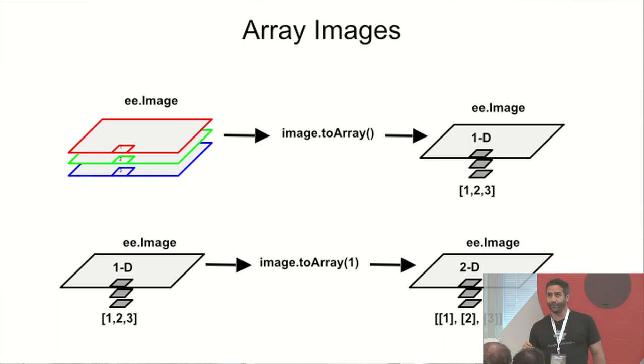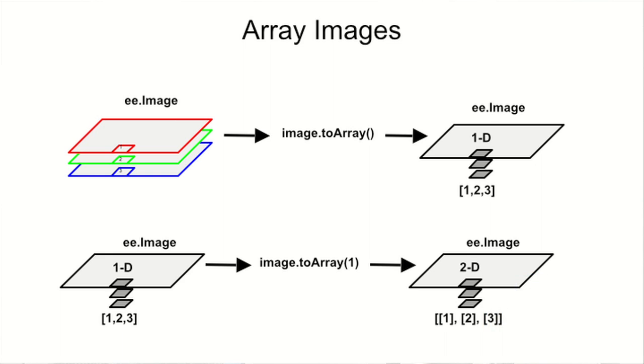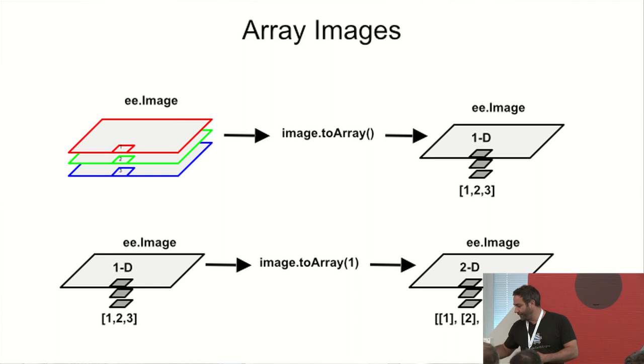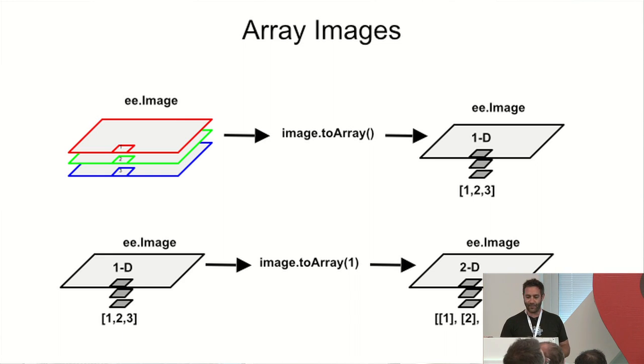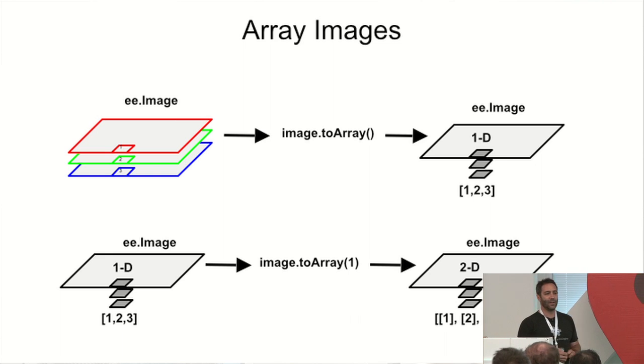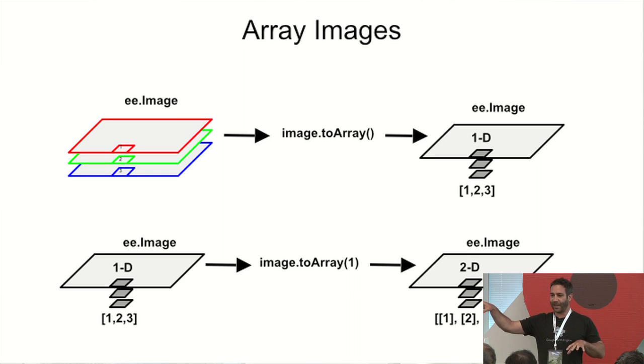You have an image in Earth Engine, just a regular old ee.Image, say a Landsat scene or a Sentinel scene. That regular old garden variety ee.Image is this multi-banded thing, and those bands might be stored in different locations.